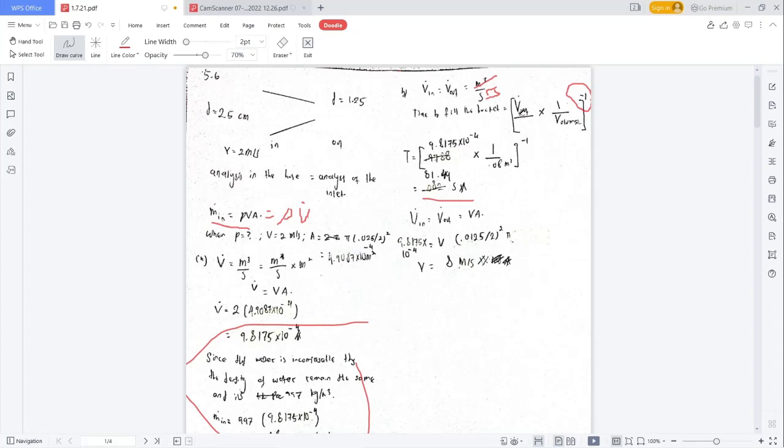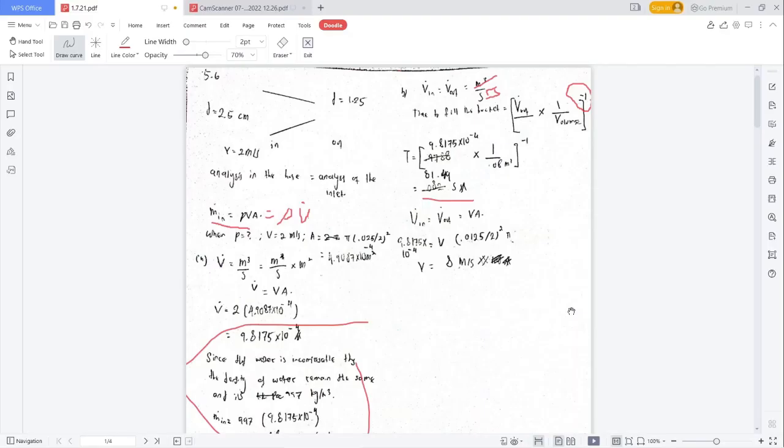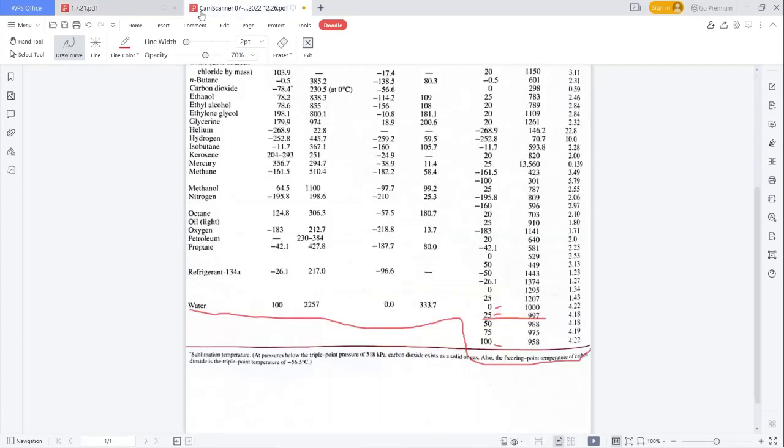So the final formula is the volume flow rate over the desired volume, to the power of -1. The desired volume must be in SI units, so the 8 liters needs to be converted into meters cubed, which gives 0.008 meters cubed. We get the final duration of approximately 8.149 seconds. So that is the answer for this question.